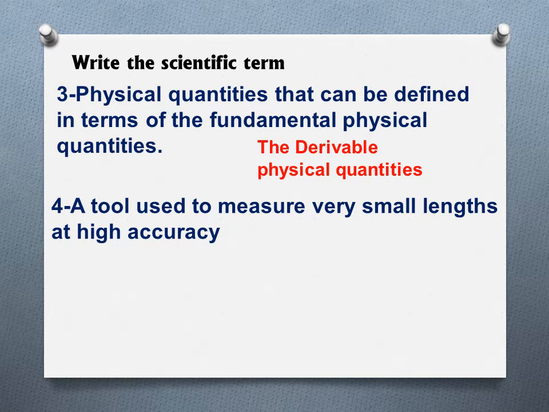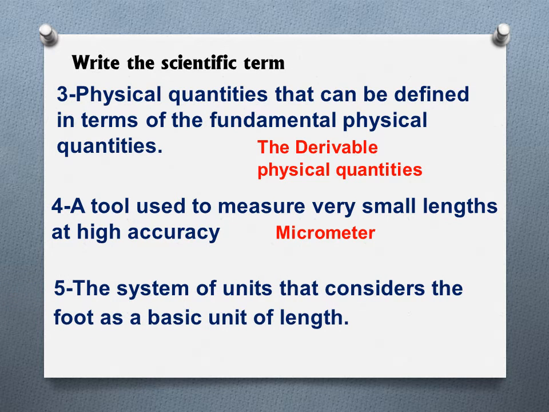Another question, a tool used to measure very small length at high accuracy. It is micrometer or vernier caliper. The system of units that considers the foot as a basic unit of length, it is the British system.